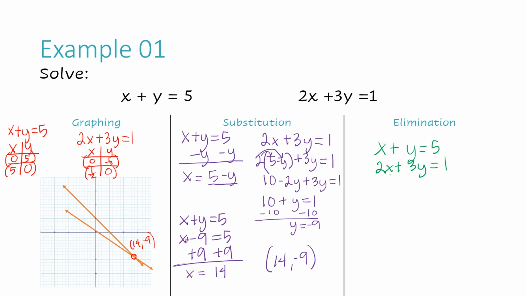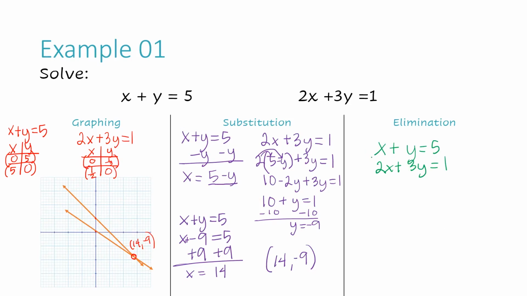Now, when we're eliminating, what we need to think of is getting rid of one of the variables. And when we eliminate, we basically stack the equations on top and add them going straight down. So in order to eliminate variables, they must be opposites, okay? So if I have a 2x here, to eliminate this x, I would need a negative 2x here.